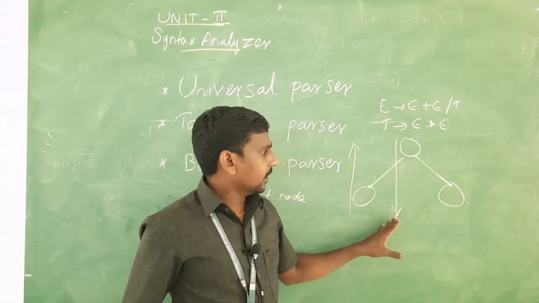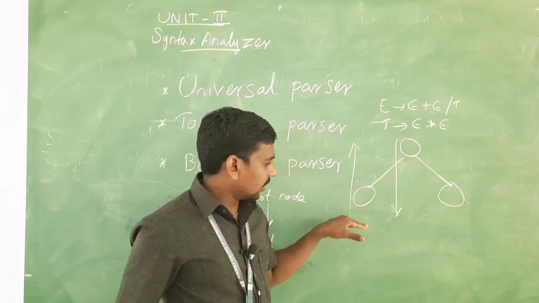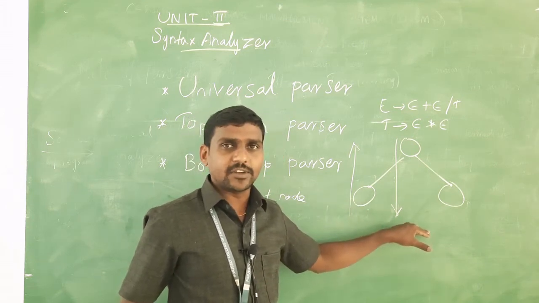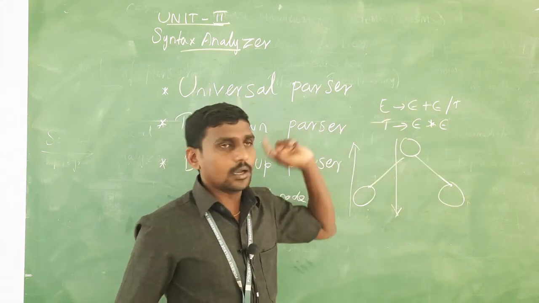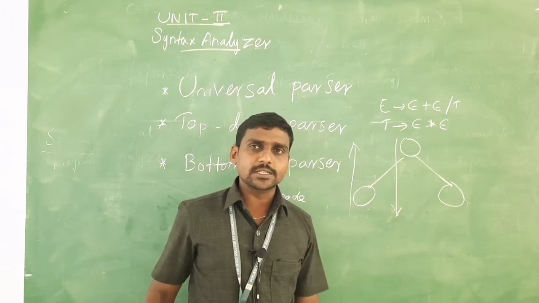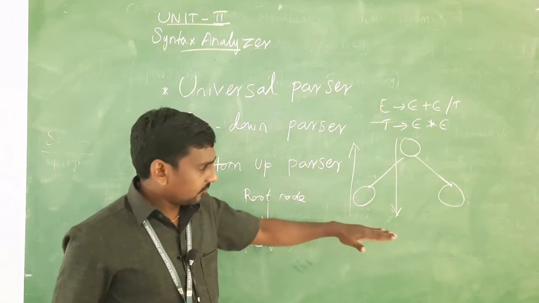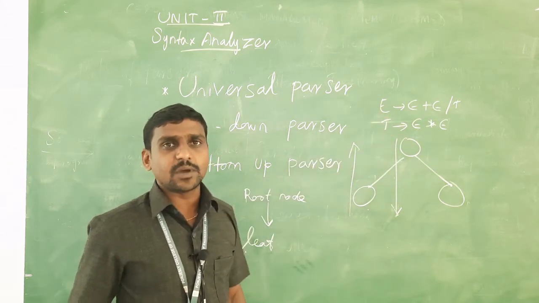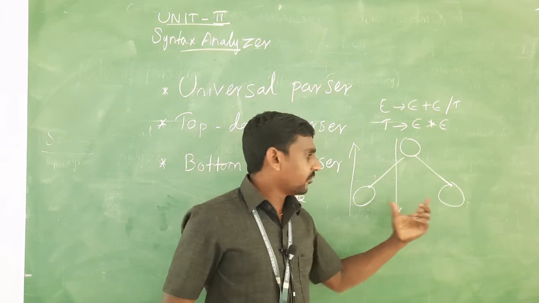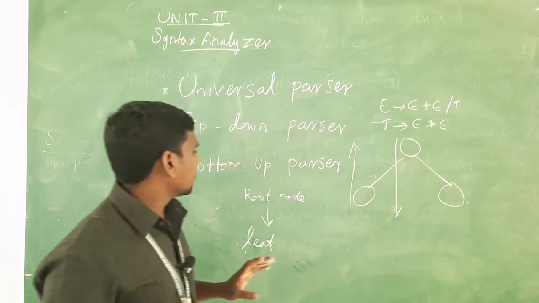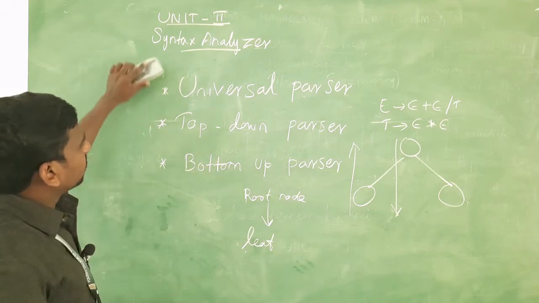In a bottom up parser we take the output that is given first, and from that output we parse and get the start symbol. Simply, from root node to leaf node is top down parser, and from leaf node to root node is bottom up parser. The leaf node will have the output. So these are the types of parser: universal parser, top down parser and bottom up parser.